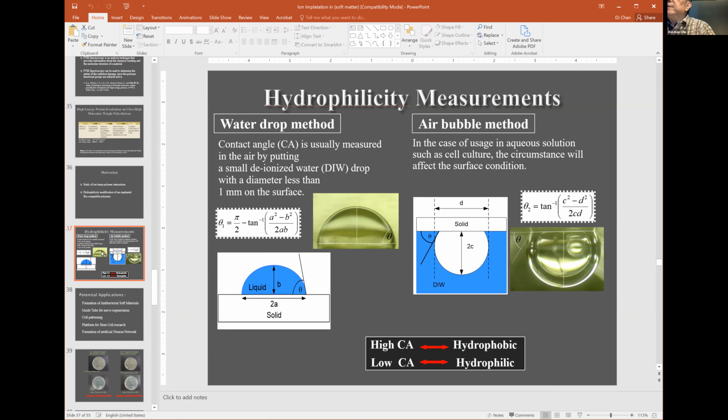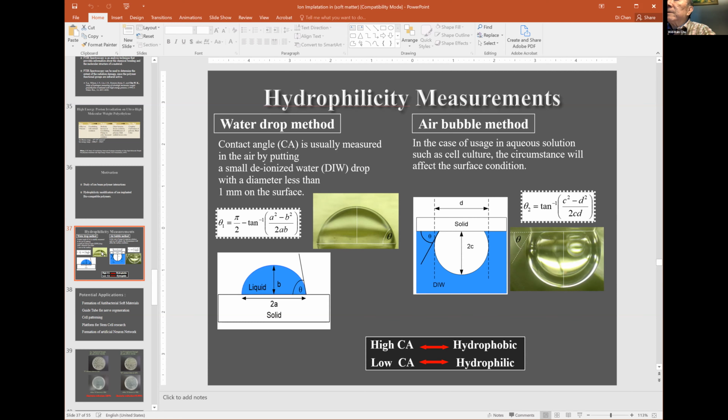This is also a dissertation by Iran's work. The contact angle is changed because the surface chemistry is changed due to ion implantation. The surface here is a solid, with water droplets on the top.